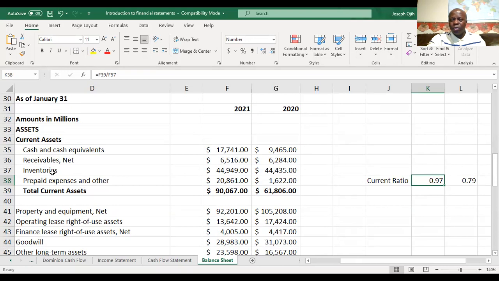The quick assets, so cash and cash equivalents and account receivables. Now, every company has other items that also constitute part of their current assets.